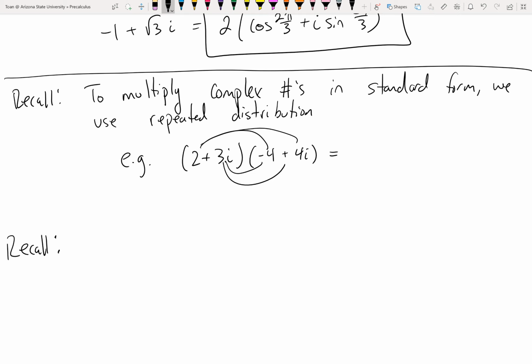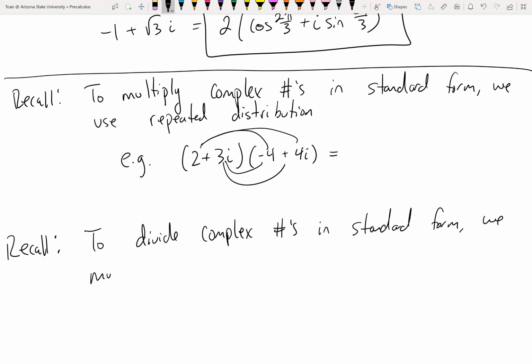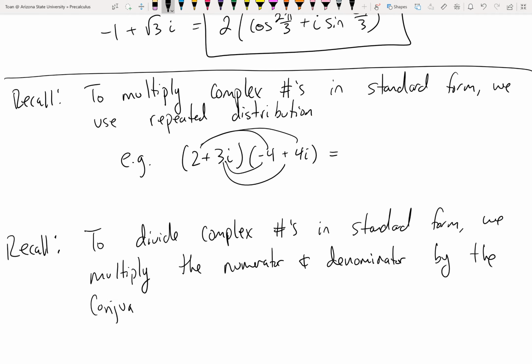Dividing was even more hectic. To divide complex numbers in standard form, that's important, we multiply the numerator and denominator by the conjugate of the denominator.